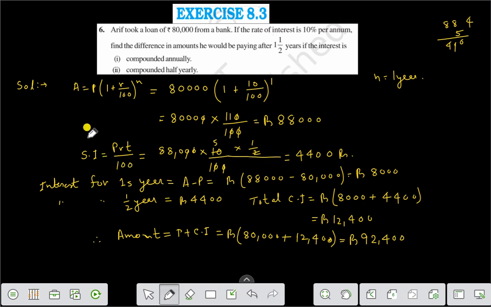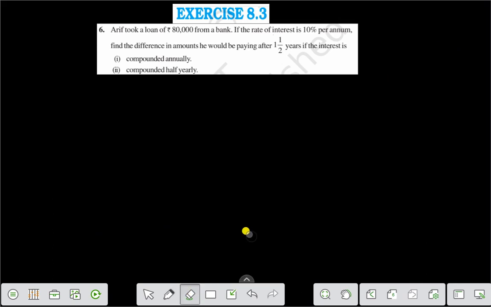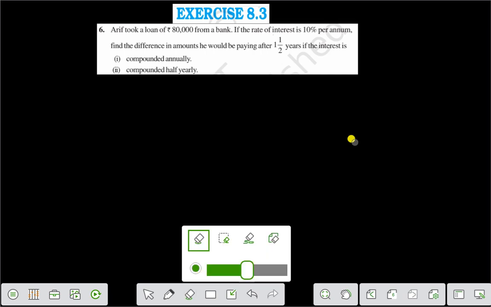This is case number 1, compounded annually. Therefore, we are getting amount A1 as rupees 92,400. Now we will go to the next step, the second case, compounded half yearly.